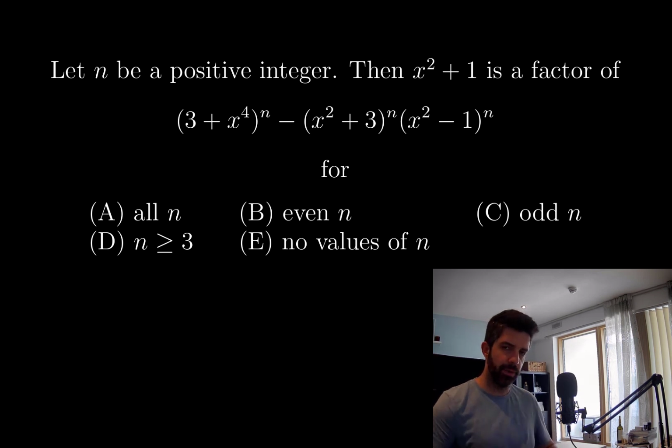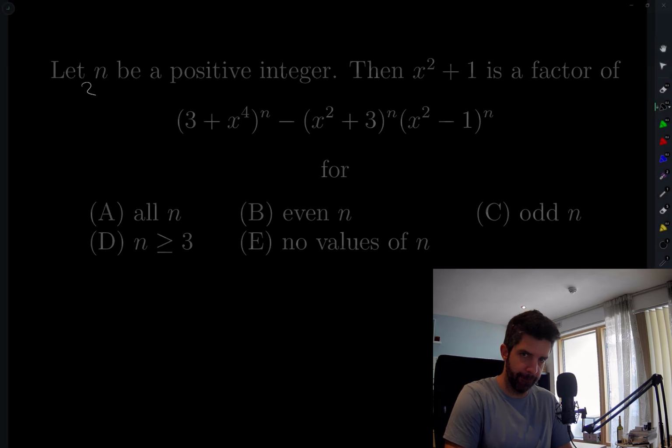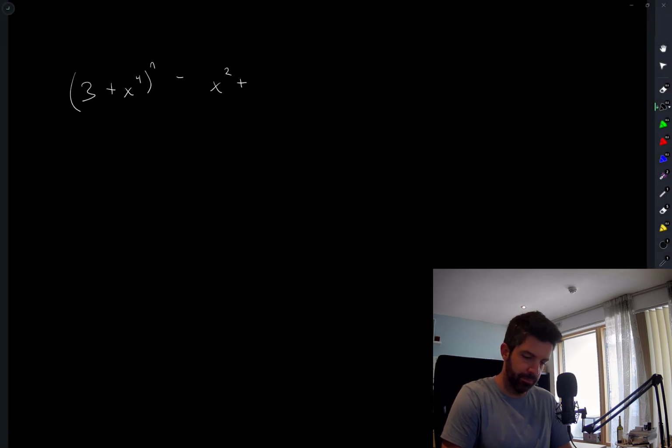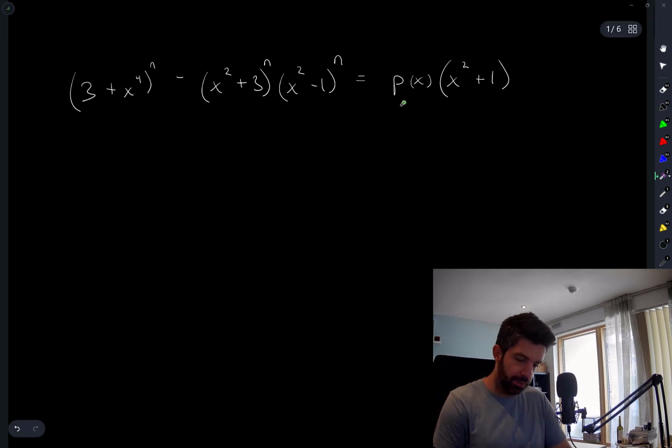Let's start by writing out exactly what it means for a polynomial to be a factor of another polynomial. If there is some polynomial p of x which satisfies this for all x, then we say that x squared plus 1 is a factor of this thing.